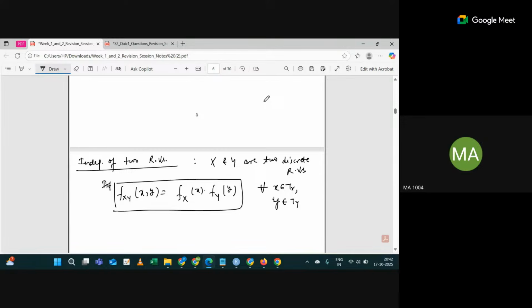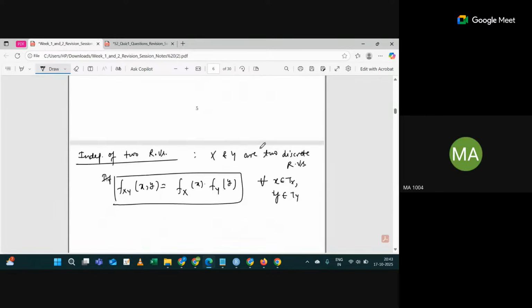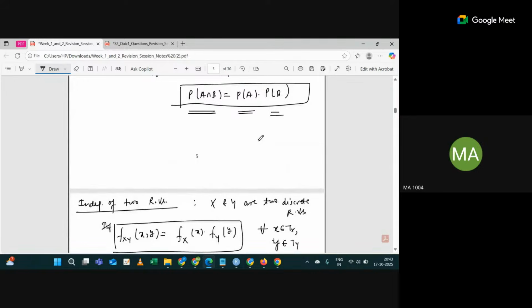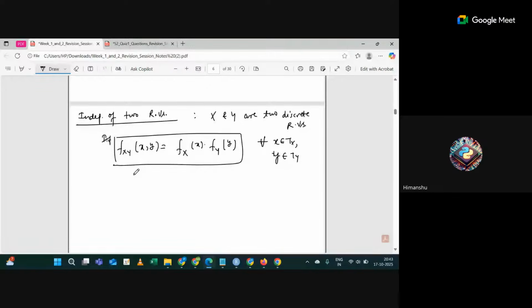By using this information, you can see this joint probability is equal to the product of their marginals, yes or no? Yes, sir. Could you repeat the last part? I can write it like this: probability X equal to x, and probability Y equal to y. So what is happening here?